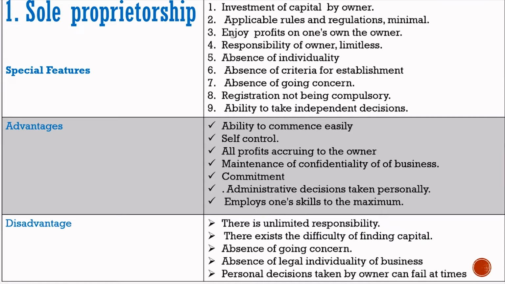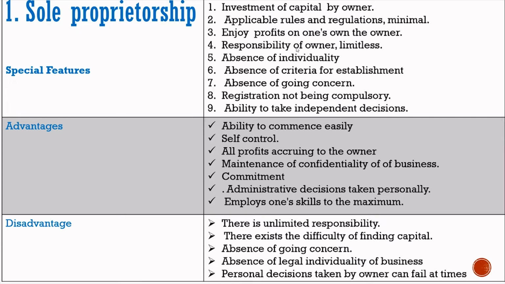The profit and losses are borne by the owner alone. The responsibility for the debt is limitless. That is, if the owner incurs debt, or if he is liable to pay money to another person, then he has to bring his own funds, selling his private property to somehow pay back what is due by the business.